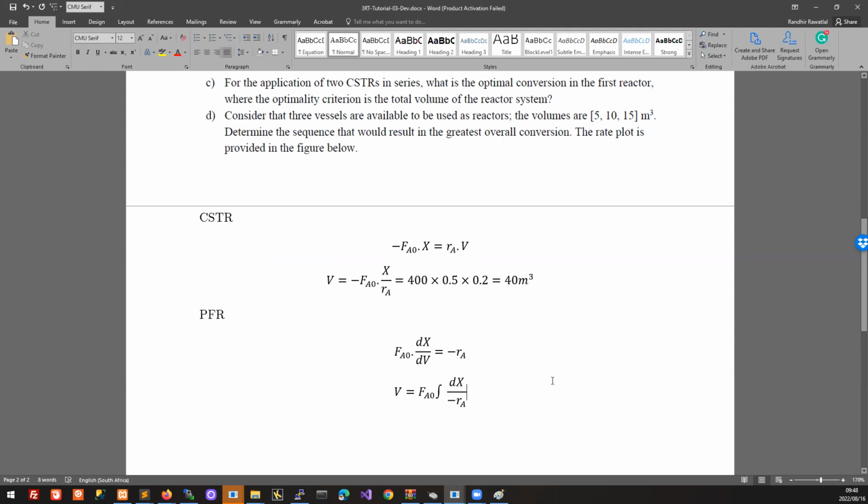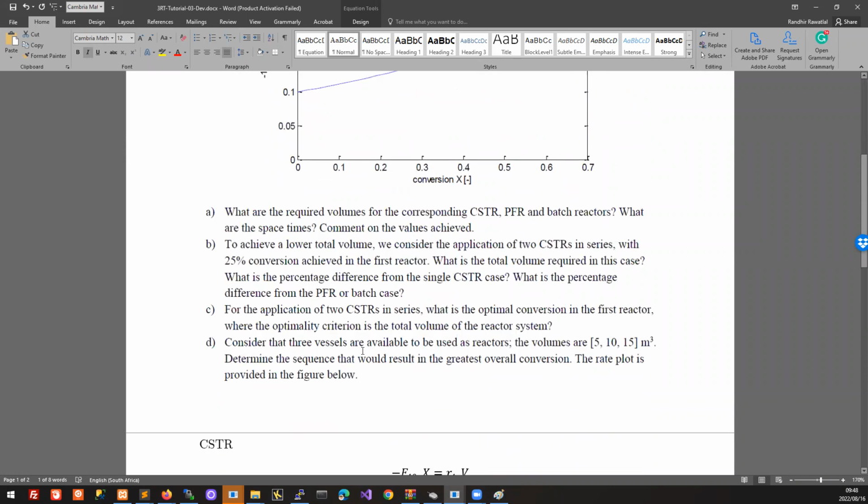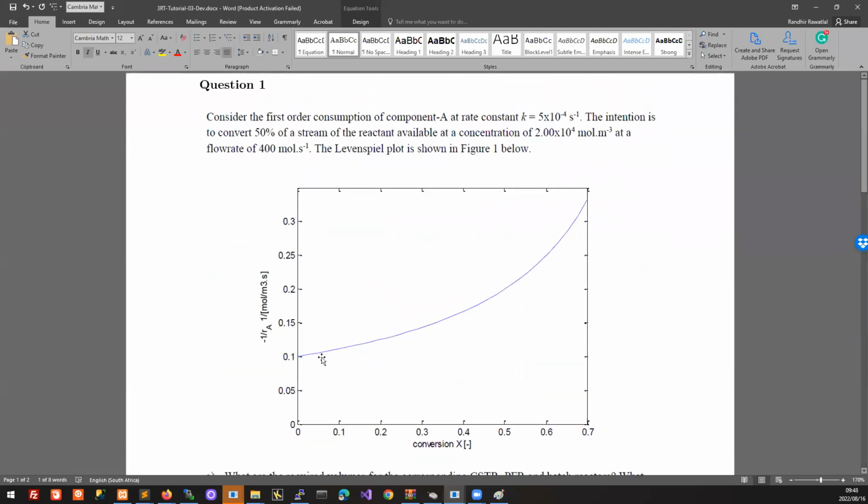That's what we are trying to integrate here. And of course, FA naught is known, and now we need this integral. If you look at the plot that we have, we've got -1/RA here, which is this line. And so if we want to integrate -1/RA, then we are simply talking about the area under the curve.